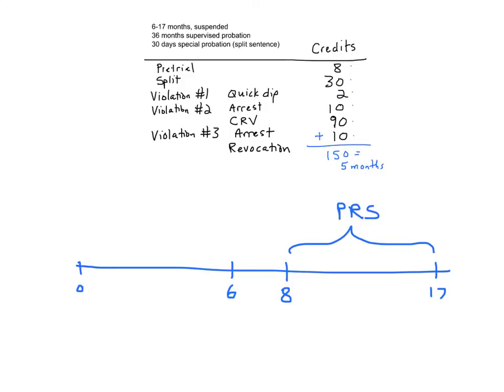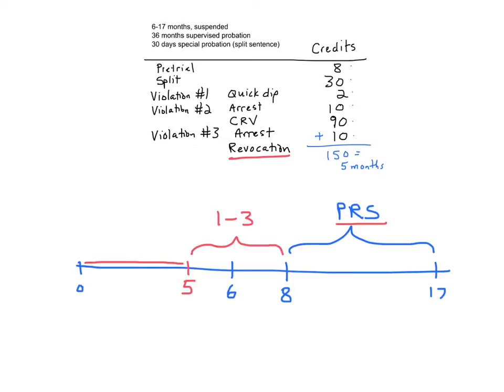Well, this defendant is already 5 months into the sentence based on the jail credit. And so even though this is styled as a revocation, what you can see is that at this point, the person will have somewhere between 1 and 3 months to serve before you get to the mandatory release onto post-release supervision for 9 months, with the final 9 months of imprisonment hanging over his head.